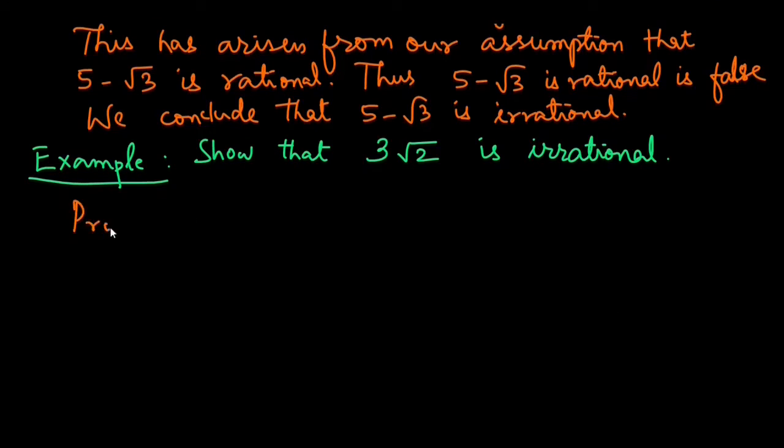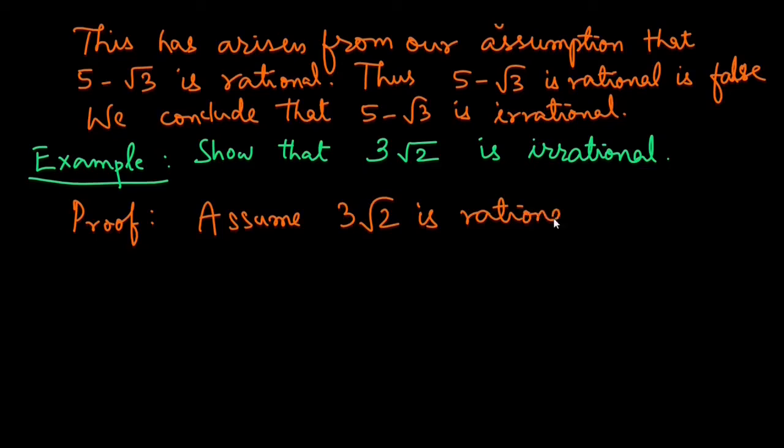Proof: assume 3 root 2 is rational. Here also we are giving the proof by contradiction. Assume 3 root 2 is rational.